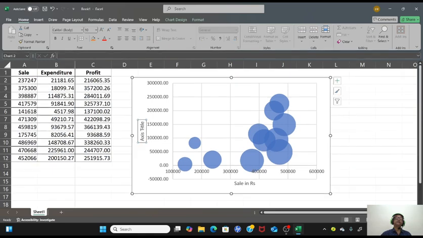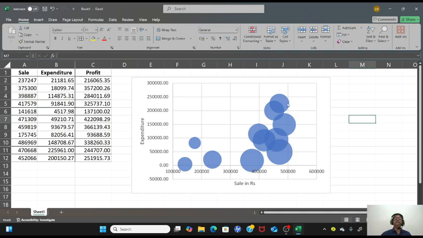The y-axis is the expenditure. Expenditure, and the size of the bubble represents profit.